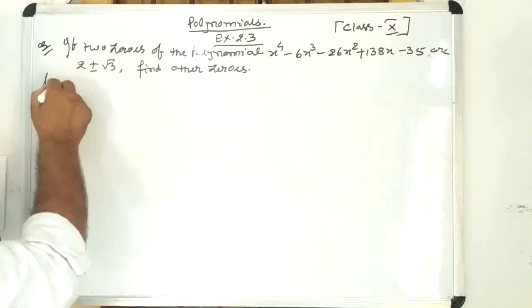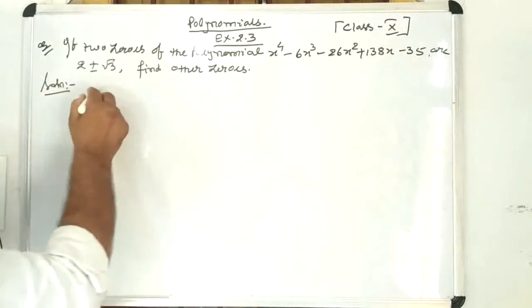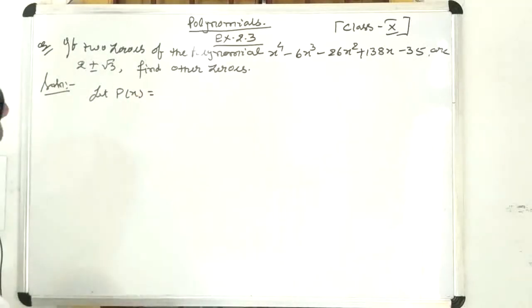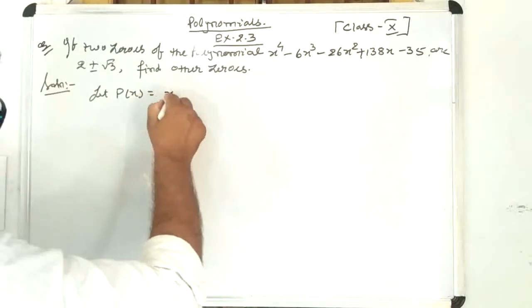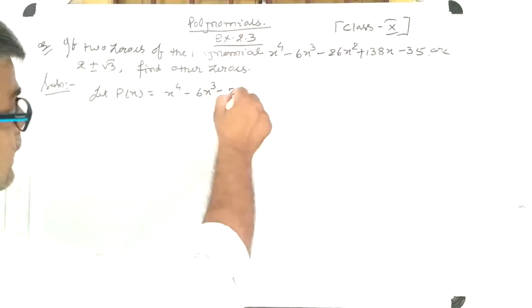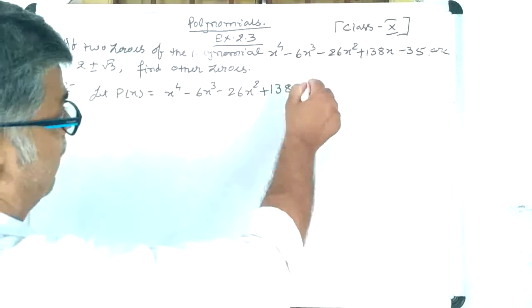In the solution, what can you write? Let the polynomial be P(x) equals x to the power 4 minus 6x cube minus 26x square plus 138x minus 35.